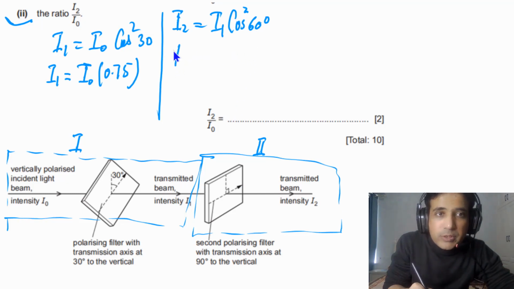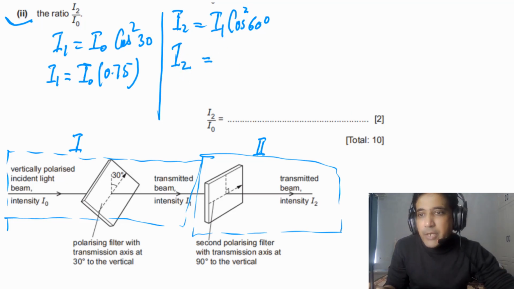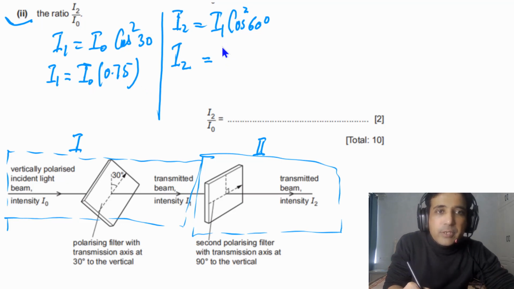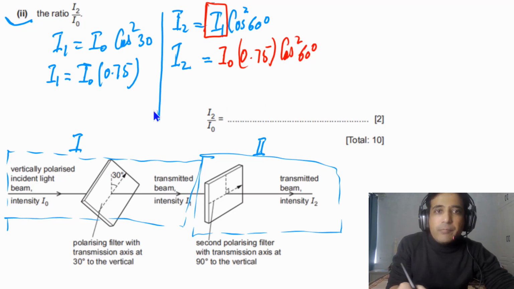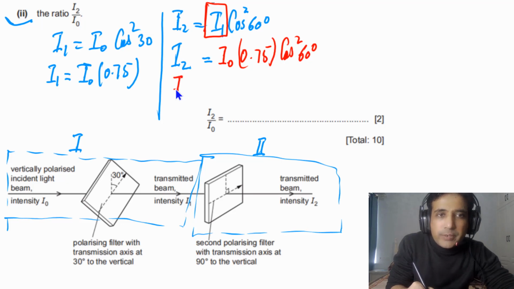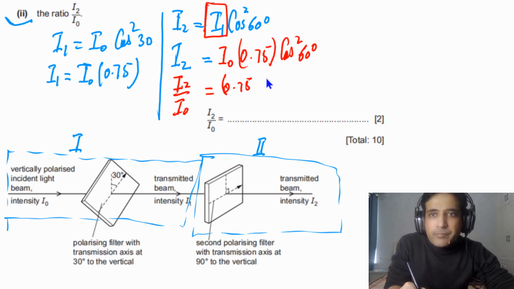So we can write I2 is equal to I1 cosine squared of 60 degrees, and now we replace I1 with 0.75 I0. So I2 by I0 is equal to 0.75 times cosine squared of 60 degrees.